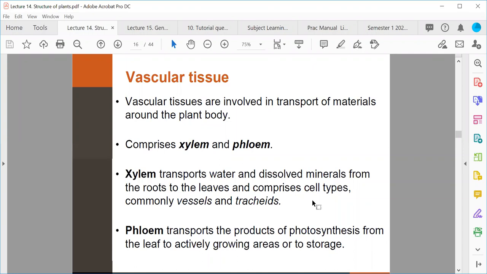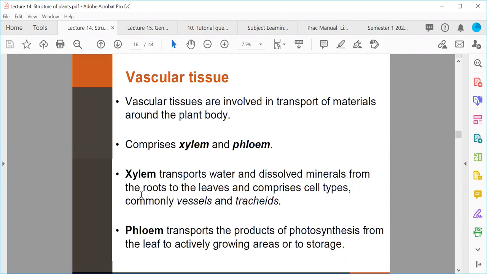The most prominent cell types in the xylem tissue are the vessels and tracheids, and we'll look at those on the next slide. The other major type of vascular tissue is the phloem, which transports the products of photosynthesis, in other words, carbohydrates or sugars, primarily from the leaf, which is the major photosynthetic organ, throughout the plant to actively growing areas or to places of storage.